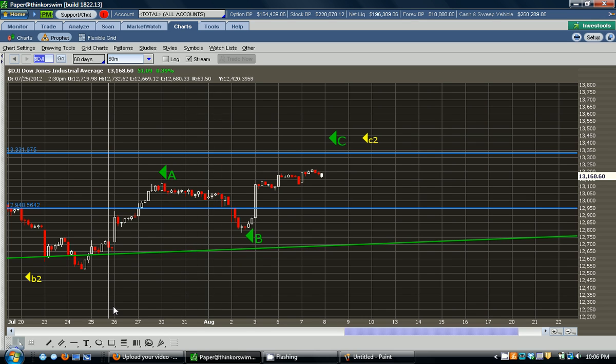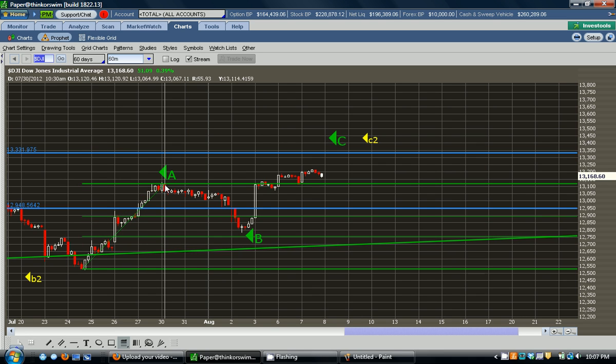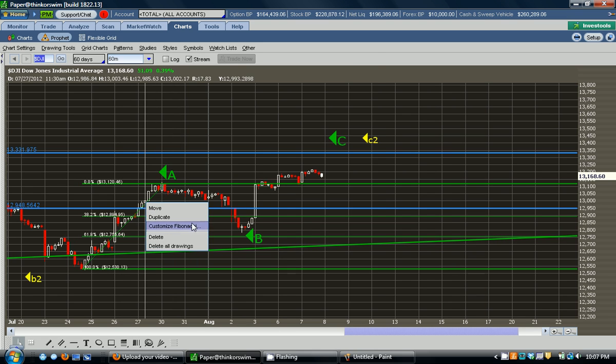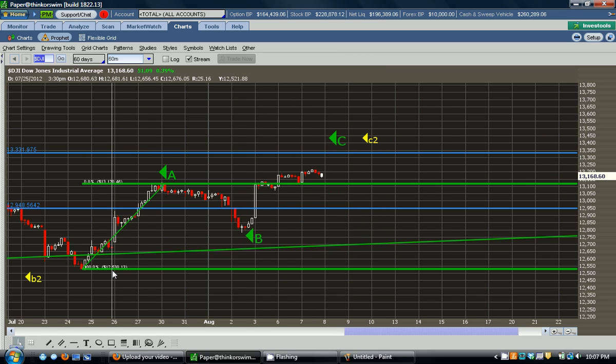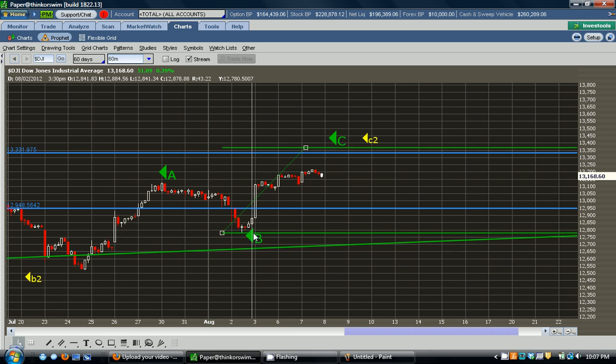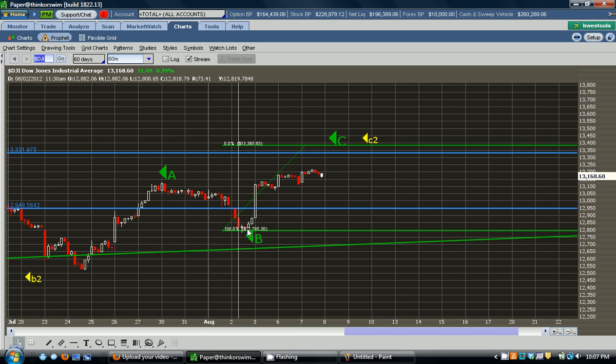So this is how I was getting my most probable target back like last week. Our A wave, we're taking a look right here, and we see that it basically covered, let's see, 13,120, 12,530. It covered about 600 points. So how did we get our most probable target? We take that, simply put it right here at the bottom of our wave, and it tells us that our C wave should go up to about like 13,385.